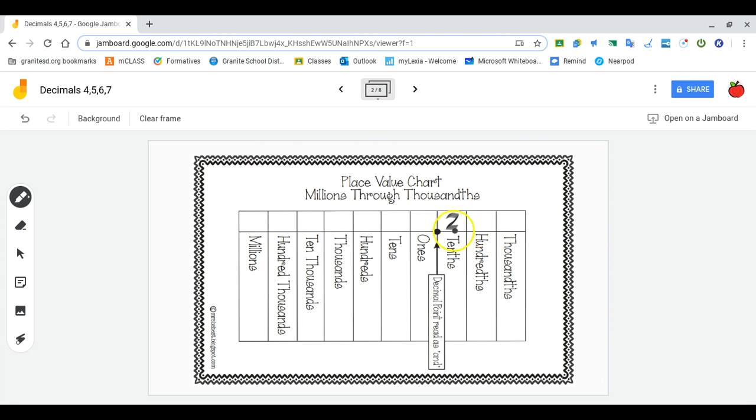And these are numbers that are under 1, that are smaller than 1. So here I have 2 tenths. The first slot after my decimal point is the tenths slot. It goes tenths, hundredths, thousandths, which matches the pattern here that goes tens, hundreds, thousands. The only difference is there's no ones on the right side of the decimal. It goes right into tenths. So we're going to see that as we keep going.